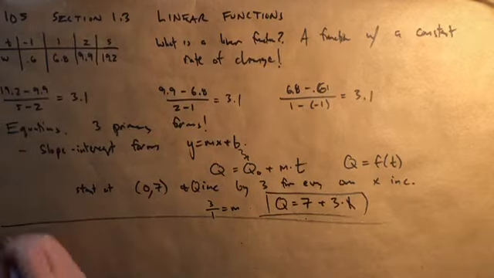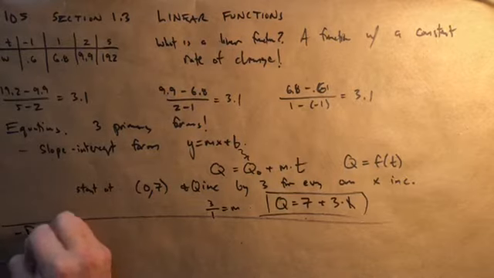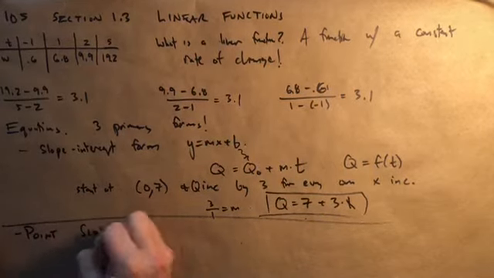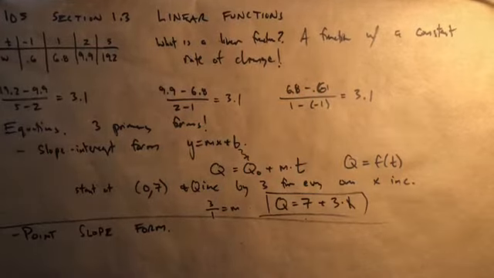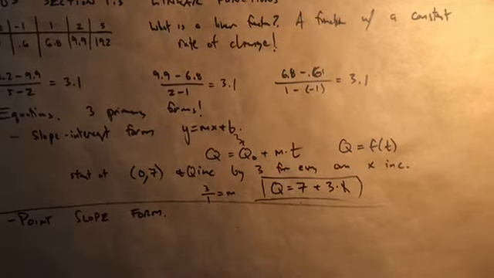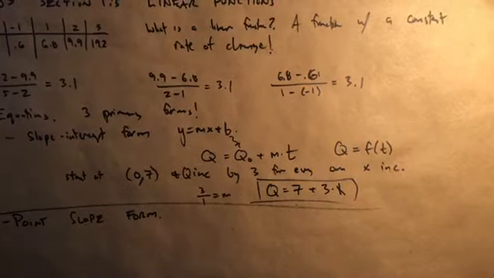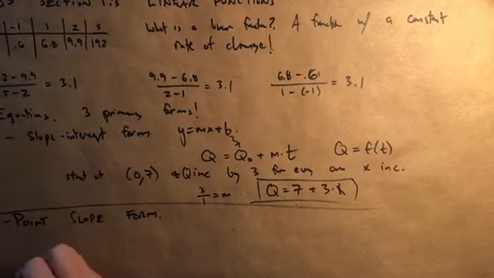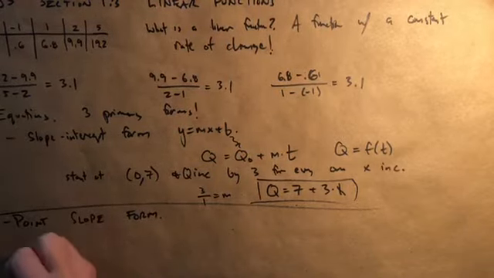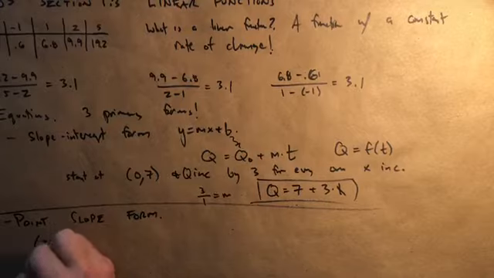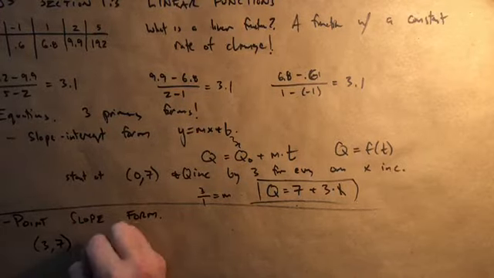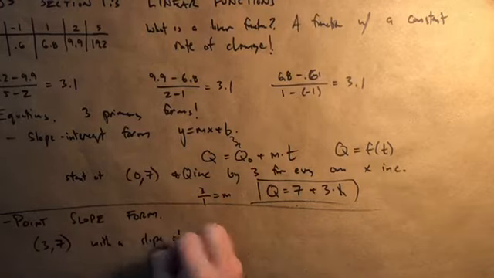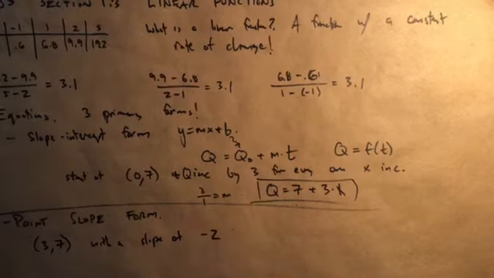My magic bus is point-slope form. What point-slope form allows me to do is take any point in space and make an equation through that point. So let's say we go through the point (3, 7) with a slope of -2.